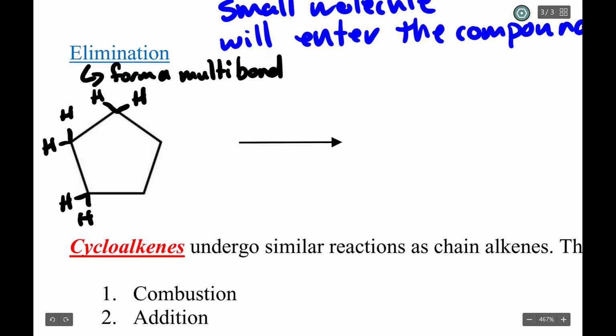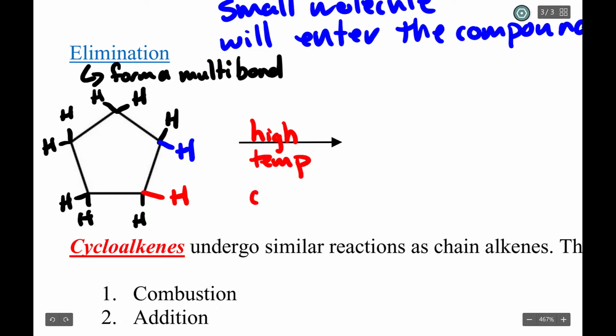So in an elimination, we are going to eliminate 1 hydrogen from 2 different carbons. The hydrogens would not come from the same carbon. Generally, this is done under high temperatures, maybe with a catalyst, in order to get this to happen.